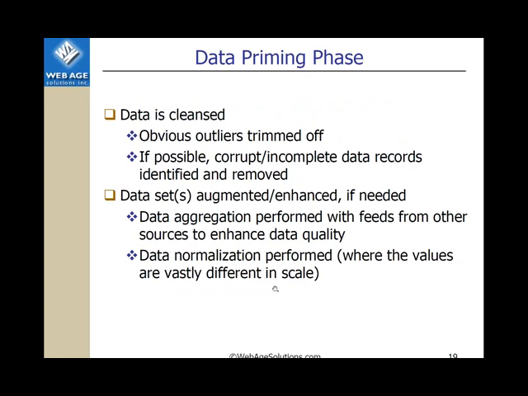Data priming, cleansing data, removing any noise, potential outliers. Right. At this point in time, you potentially might want to augment and enhance your data, so that you would replace certain anonymous tokens with specific data, or maybe combine, adding some additional data.